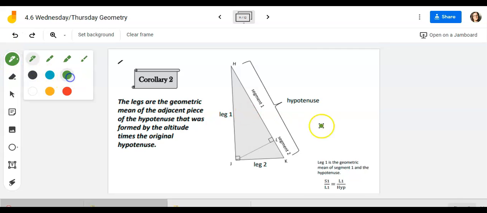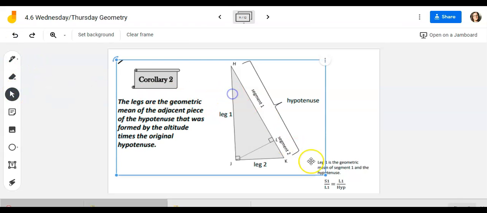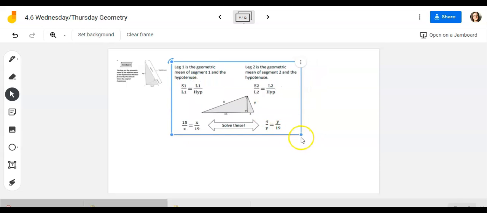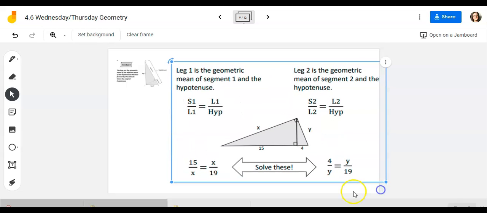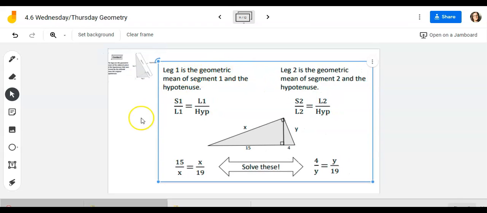And then these three things can go together. It depends on what they give you and what you're looking for. Since we have two different legs, it just depends on what you're looking for.